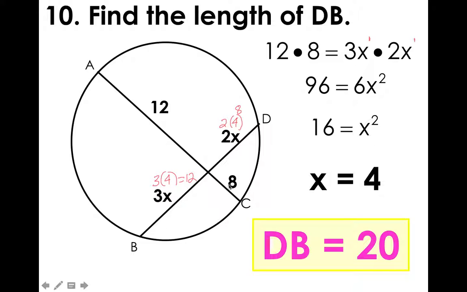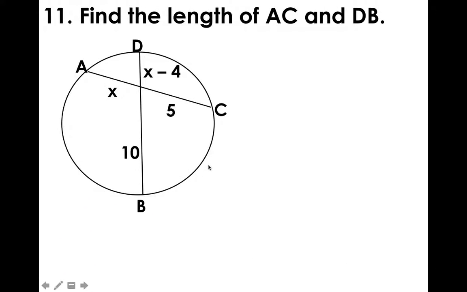Let me repeat it. Do not think that just because my two chords in this problem are the same length that it will always happen that way. Give you a chance to copy down number 11.